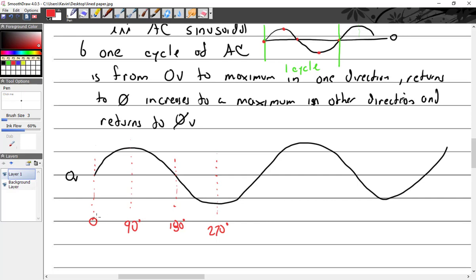Back to 0 right here. 360 or 0 degrees. All right, back to the beginning. So from here to here is what? 1 cycle.